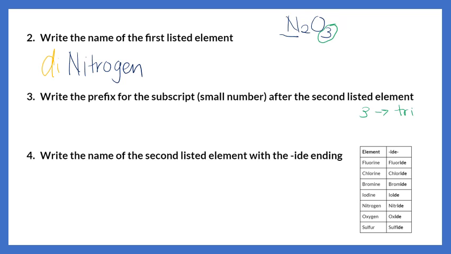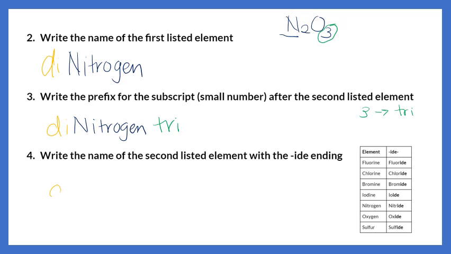So far we have dinitrogen, tri. Okay, and step 4 says write the name of the second listed element with the "ide" ending.